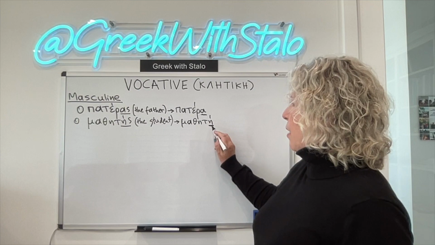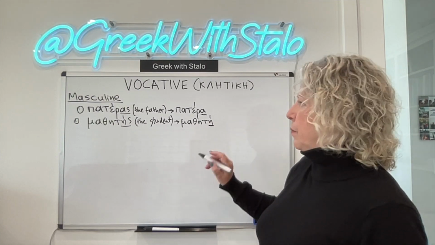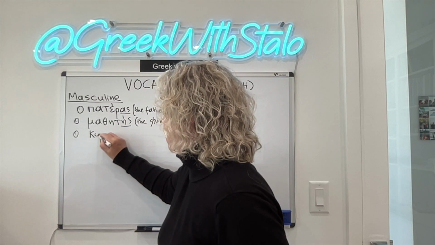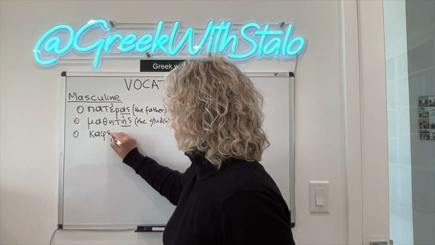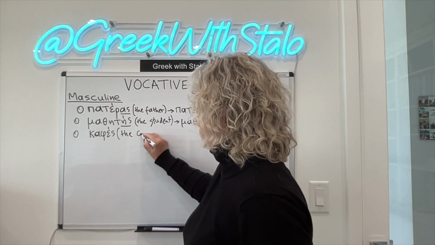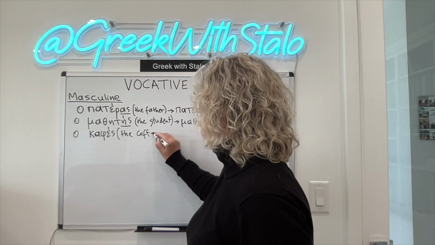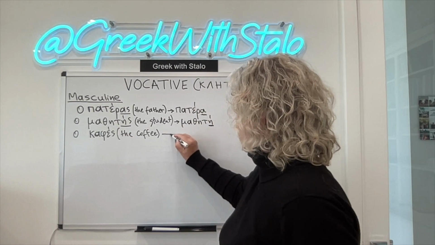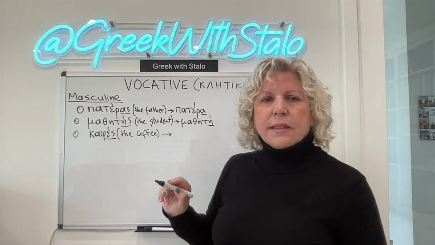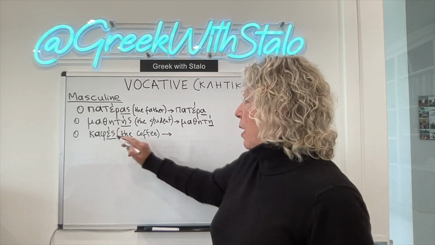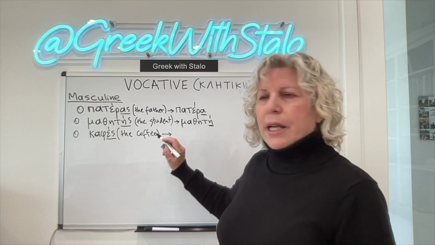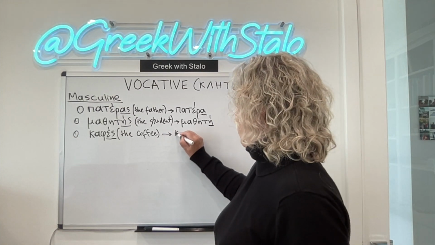So we just have η, μαθητή. Ο καφές, the coffee. Ο καφές ends in epsilon sigma. In the vocative case, we drop the sigma and we have καφέ.